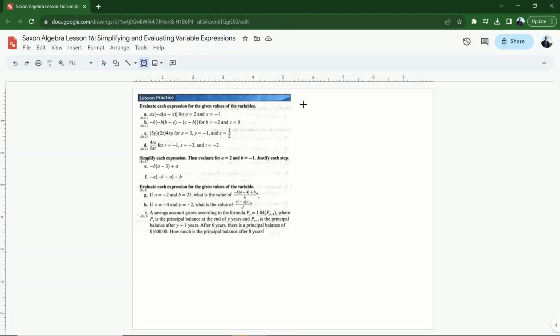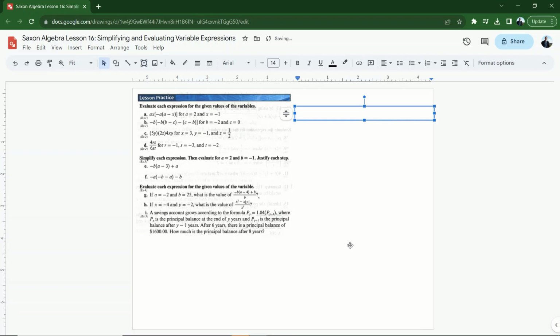Now, I recommend with problems like this that you write out every single step. Do these stepwise or you'll lose things. The first thing I'm going to write out is actually the expression with the numbers in it. So instead of writing out ax, negative a minus x, I'm just going to plug in 2 for x right away.